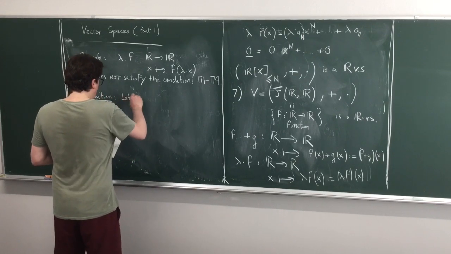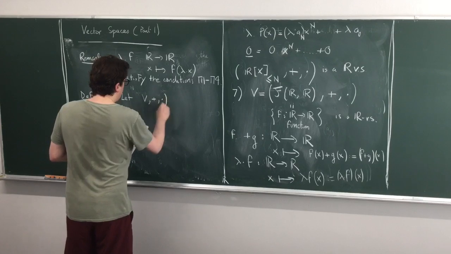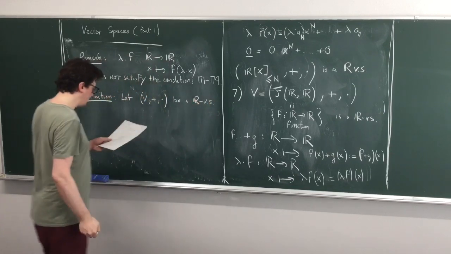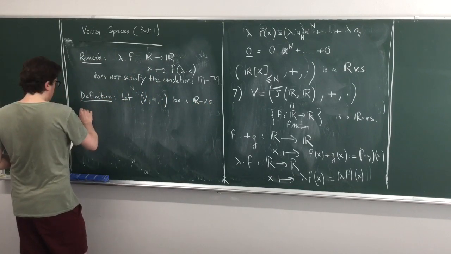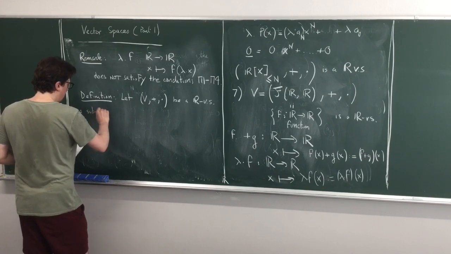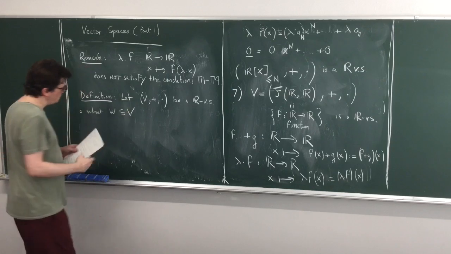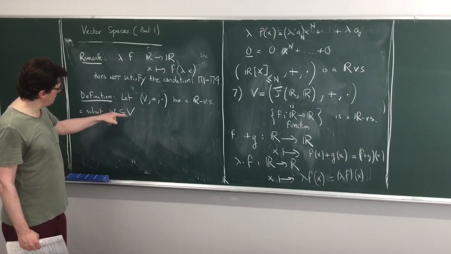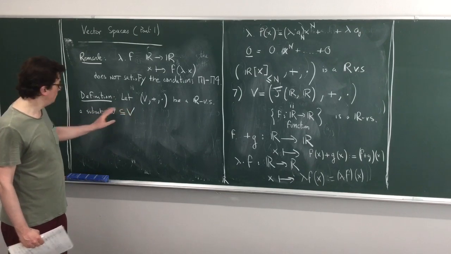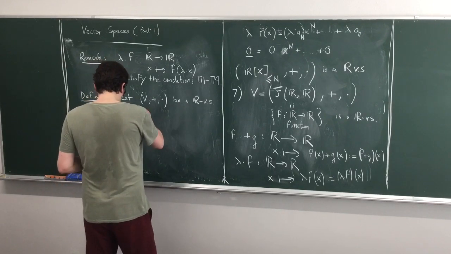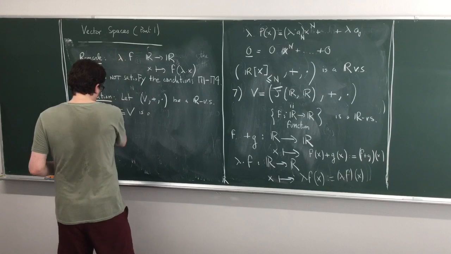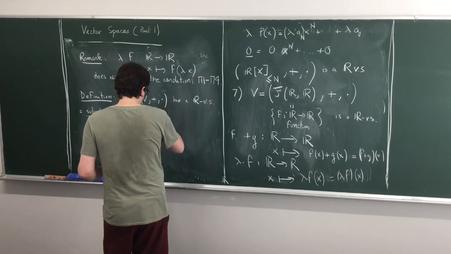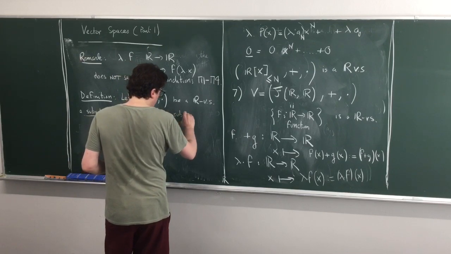So we consider first, let V be an R vector space, and we also consider a subset W. This is the notation for a subset, this symbol with the possibility of equality, so W can be equal to V. Such a subset is called, but we are not defining subset here, we are defining subspace. It's called a subspace.